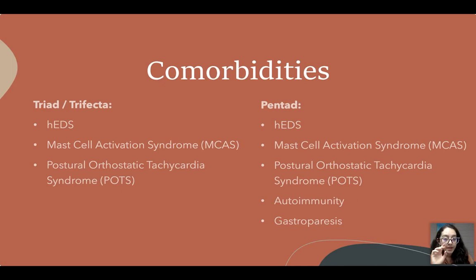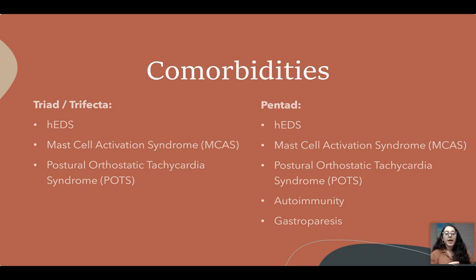And then comorbidities. This is something I wanted to touch on because you might come across it if you're looking up things that may be associated with EDS. Some of the symptoms I mentioned previously could be more related to one of these different comorbidities.